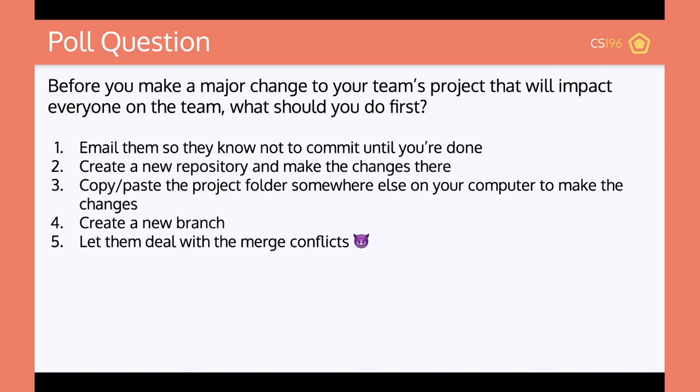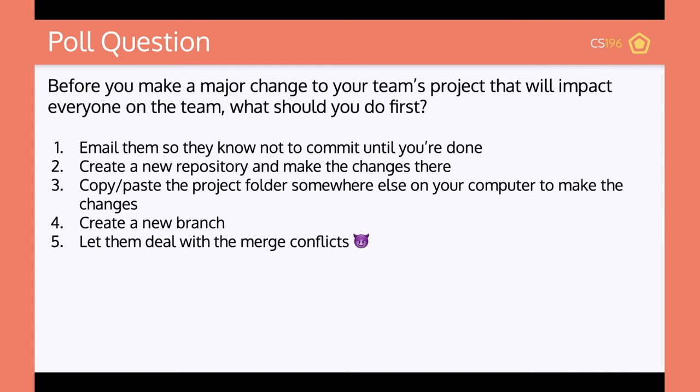However, that's defeating the purpose of Git, and instead what you want to do is create a new branch. So that way you can always reverse your changes and not have to affect your main branch. So the answer is 4, but I can see where 3 is coming from, but it defeats the purpose of Git, right? In an ideal world, everything that has to do with redundancy is done via Git.